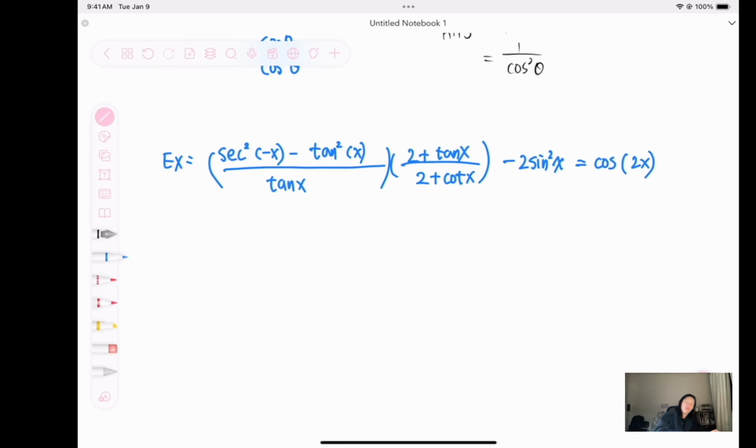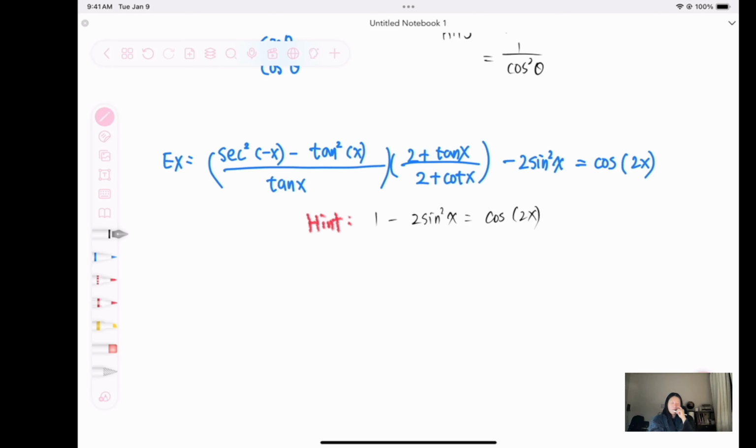Okay, so we need to use one of the identities that we haven't learned yet. So here's the hint. Let me use the black one, which is 1 minus 2 times sine square x equals cosine 2x.